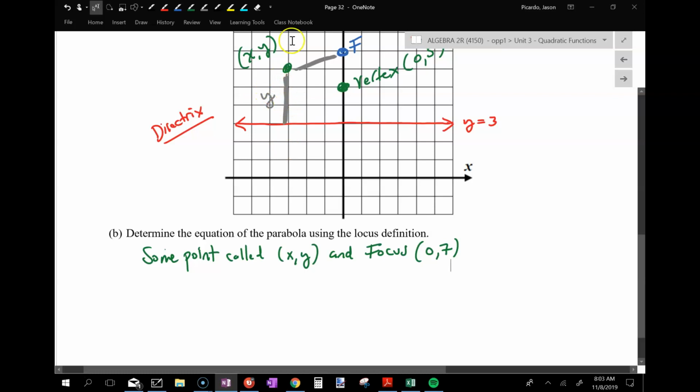It says that this better be equal to that. And if I use my distance formula, I can do what we just did on that previous page, right? Okay. So my distance formula, I want to see what the distance is from here to here, right? So that's from some random point xy to the focus, right? So I'm going to do x minus 0 and y minus 7.